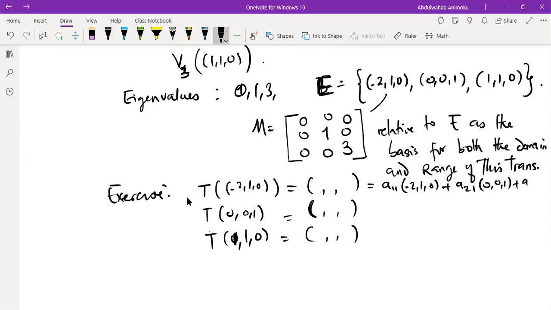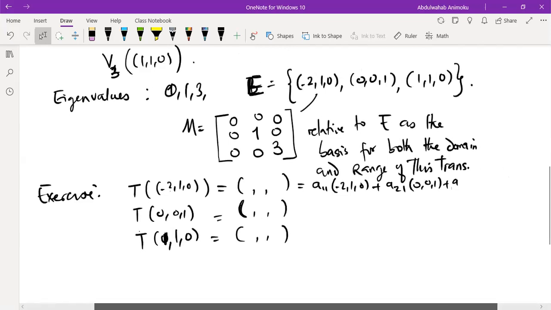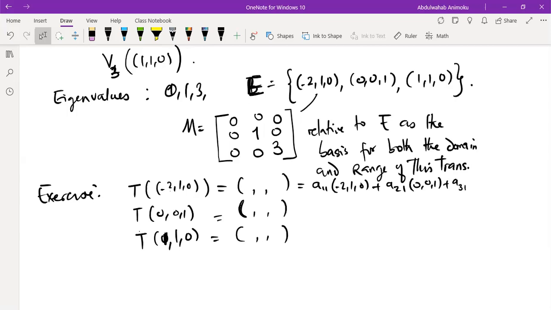Remember we said we are using this basis for both the domain and the range of the transformation. So this is your homework.